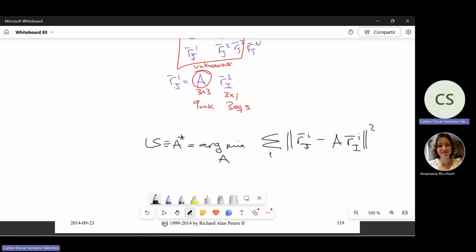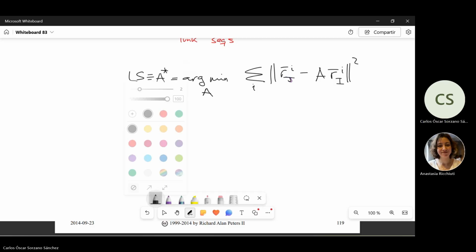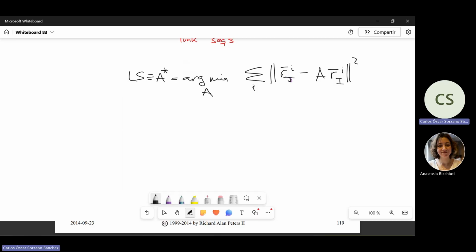Okay, then the solution is this one. So let us see how to reason the solution. There is a long way between the two, but there is a simple reasoning to see why this makes a little bit of sense. Okay, so let's say that I put all the J colors as columns of a matrix.